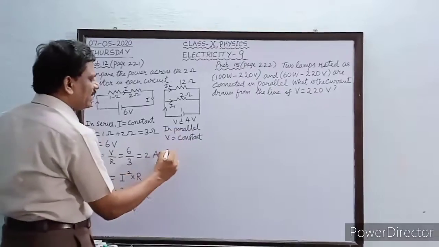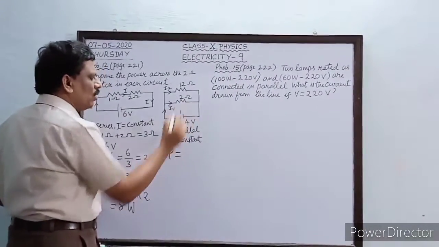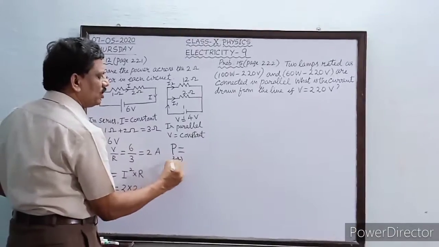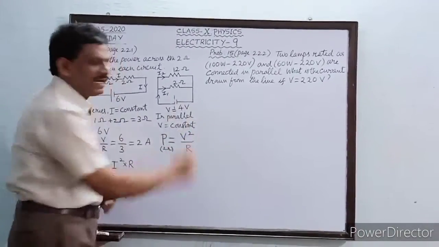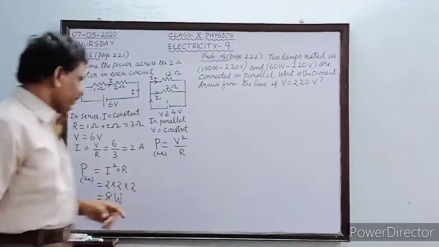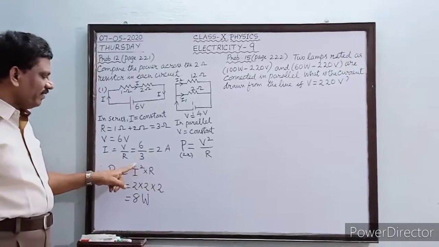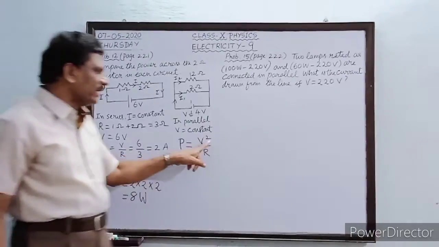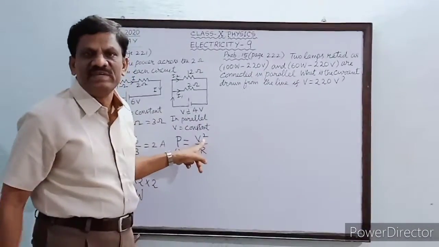And hence the power across the 2 ohm resistance must be equal to V square divided by R. Is it not? Because in the same formula I is equal to V by R, if you substitute, it becomes V square by R square into R, and you get V square by R. If voltage is constant, you have to use this relation, V square by R.